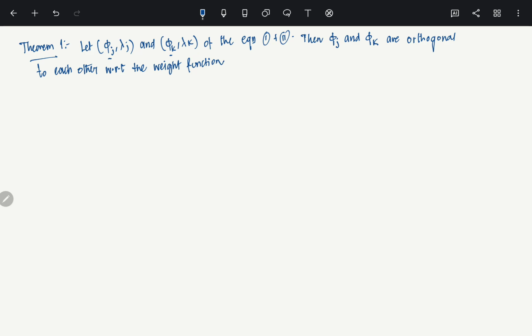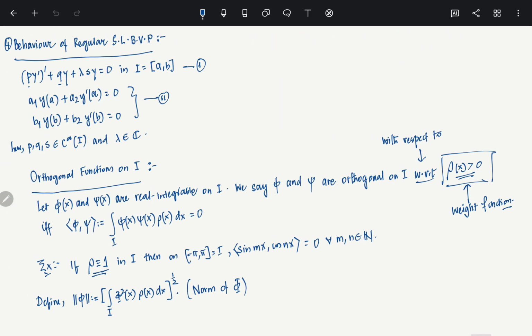What is the weight function here? s of x on I equals the interval AB. So basically on this interval AB, what is the weight function in our case? You see this s.